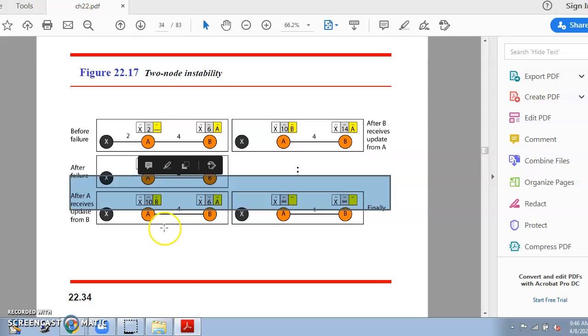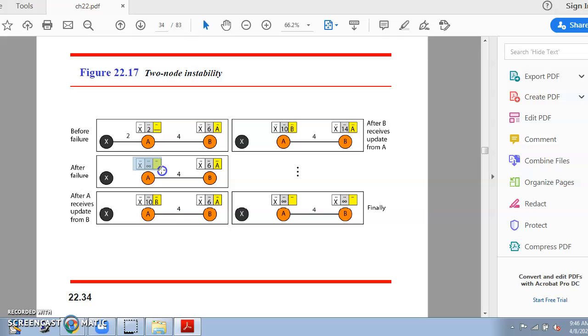Now let's suppose that before A exchanges its routing table with B, B hands over its routing table to A, which has details about X. So B has a route to transmit packets to X. Once B exchanges the table with A, A determines that B knows a route to X other than the failed link.